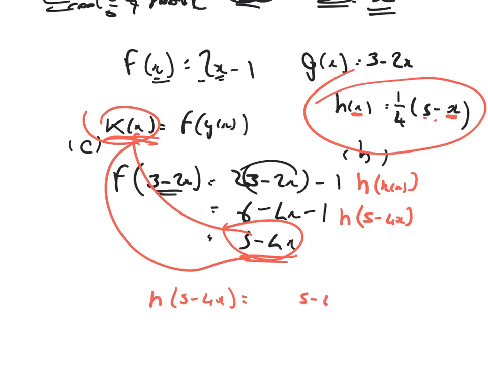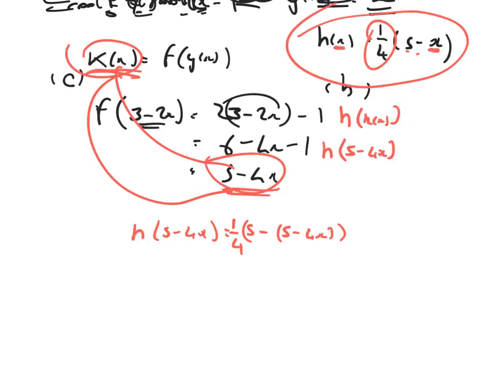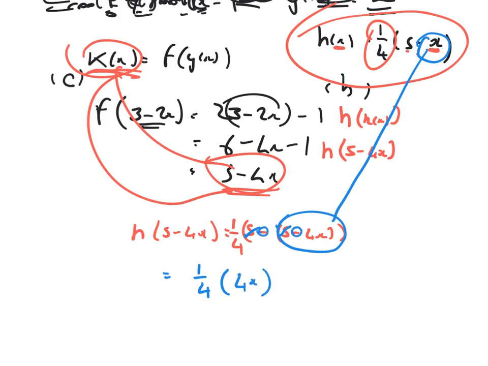So let's just take that down, and it is a quarter at the start. So we can see there that that is just a straight swap. Where I saw x, I replaced it with 5 minus 4x. Okay, so I'm just going to tidy this up. That'll be 1/4 of, well, 5 minus 5 cancels out. I've then got a minus 4x, so it's 1/4 of 4x. 1/4 of 4x is x.